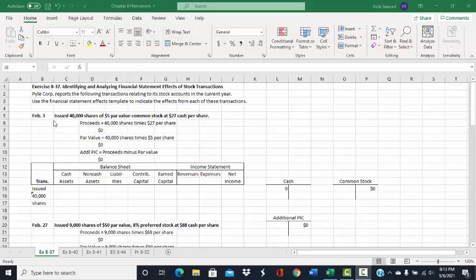On February 3rd, Powell issued 40,000 shares of $5 par value common stock at $27 cash per share. So the first thing we need to do is to determine the proceeds from the sale of the 40,000 shares at $27 per share, and that amount would be $1,080,000.